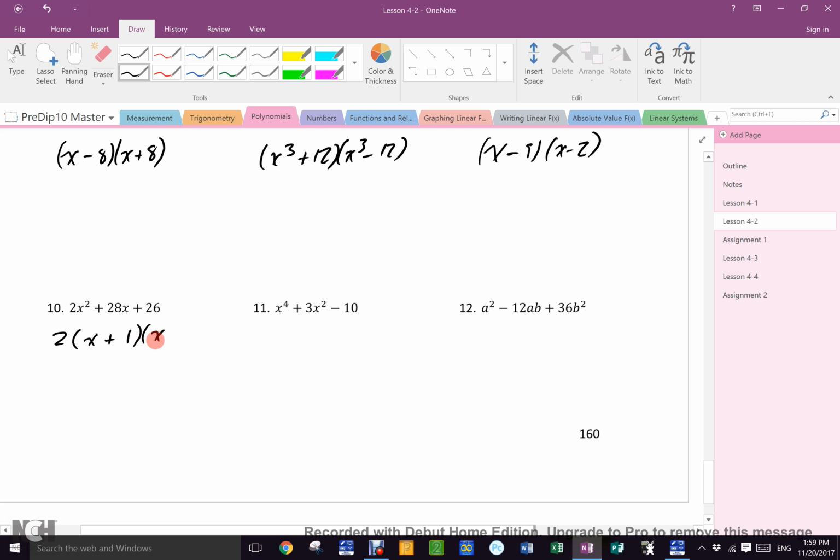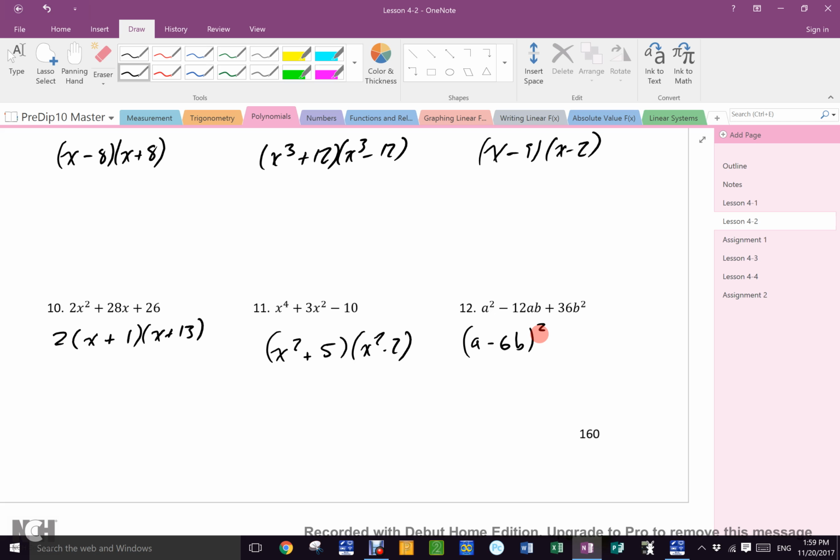Lovely. Who's doing that one? X squared plus 5, x squared minus 2. And this one: a minus 6b squared. Well done. Everyone can factor, yeah? Yeah, sure.